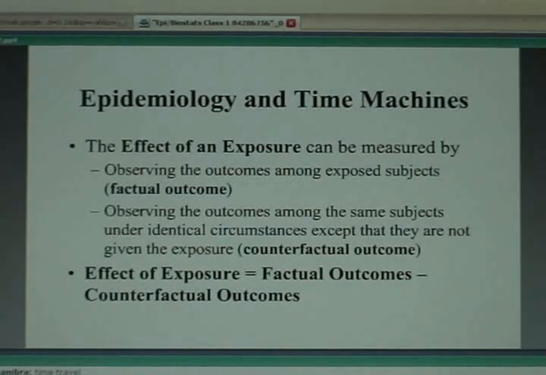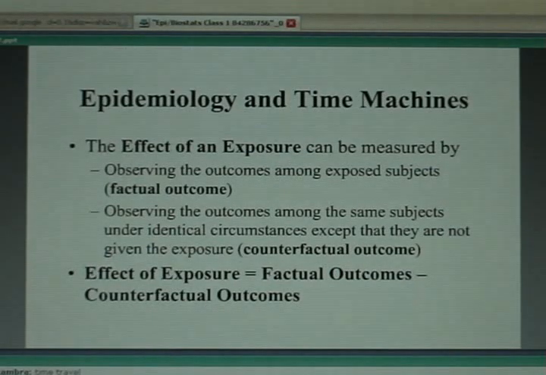If someone actually had developed diabetes, for example, when they were a spam eater, and they didn't develop diabetes when they were not a spam eater, then I could say that that diabetes was caused by eating spam. So the effect of spam eating would be to compare the factual outcomes, what actually happened to these spam eaters, to what these hypothetical counterfactual outcomes would be. What would have happened to those people had they never eaten spam?